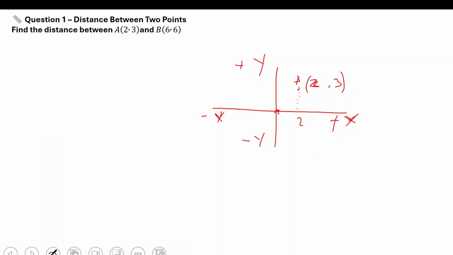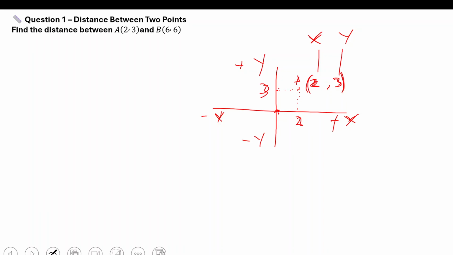And also, if I draw an imaginary line from the dot to the y-axis, I'll be reading 3. So this point 2 and 3 is defining the point A on the Cartesian plane. The first value here represents the x reading. The second value here represents the y reading. So that is how this is represented.